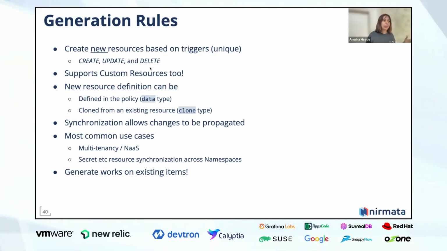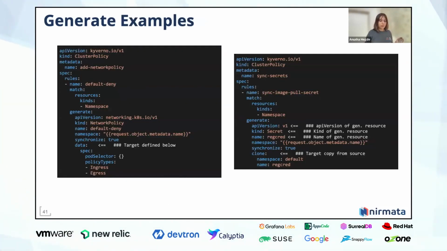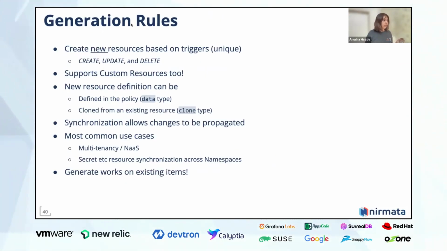It could be create, update, or delete. So when a new namespace is created, you can create all these resources. Or if something is updated, you can still go ahead and create new resources. And not just namespaces, generate in general works for different kinds of custom resources as well.